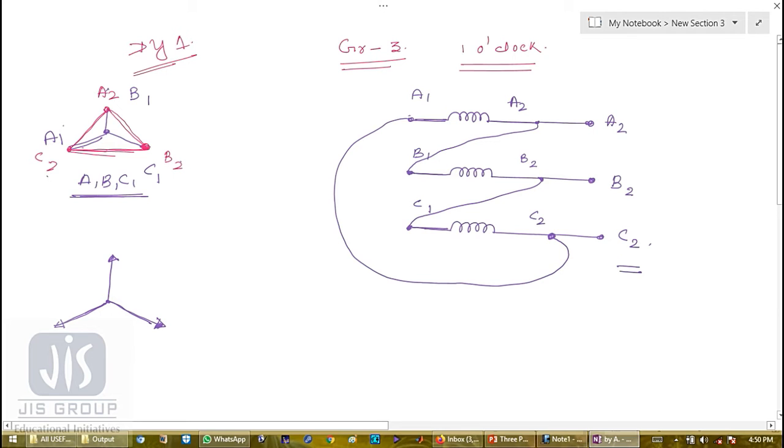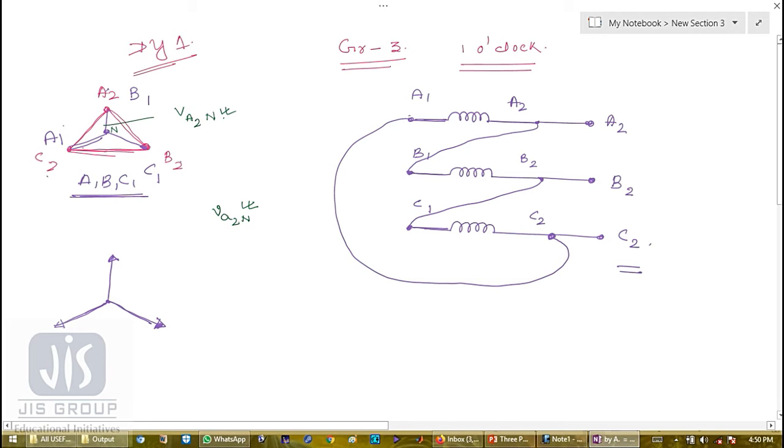Now look, this is the neutral terminal, so the phase line to neutral voltage is V A2 N, and the secondary line to phase voltage V A2 N will be in a 30-degree lagging position, meaning clockwise rotation.